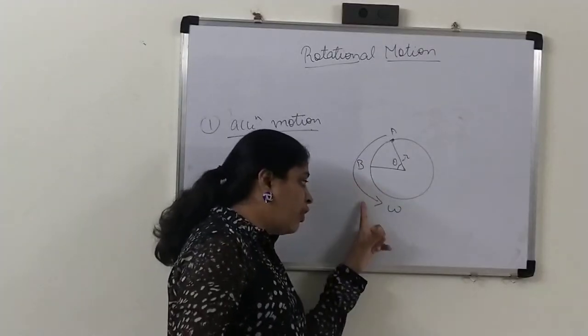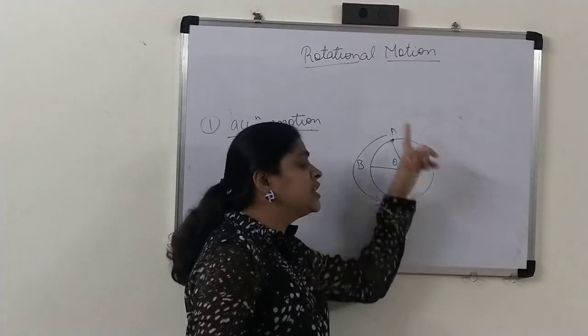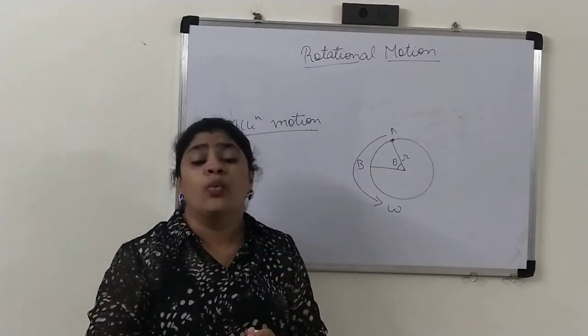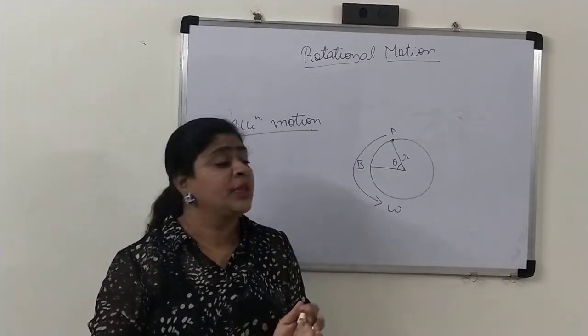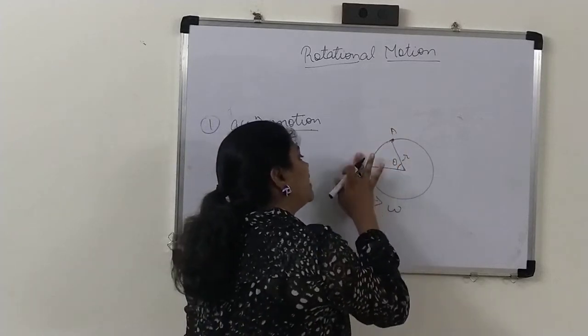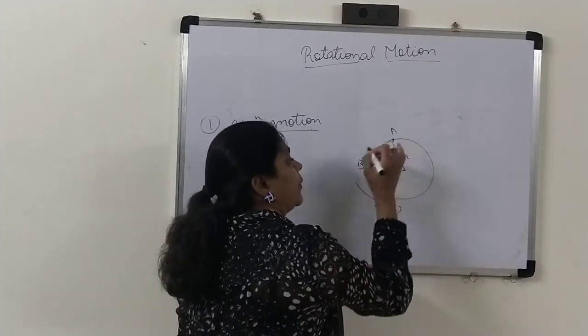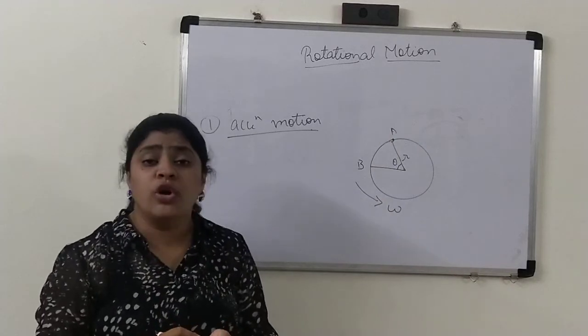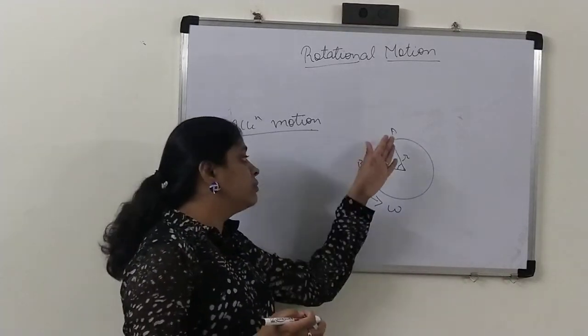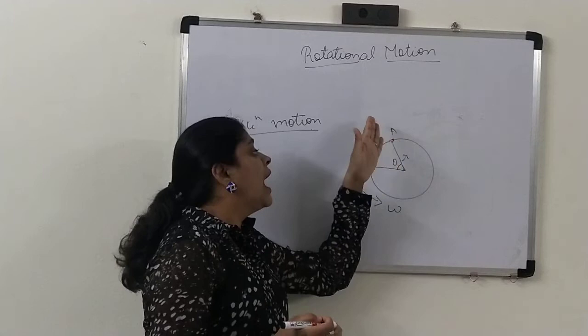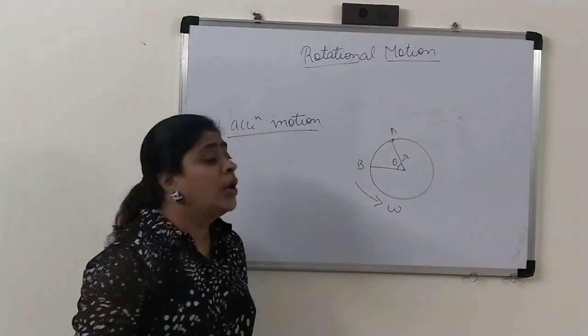Its angular velocity is omega. What is its linear velocity? Suppose you want to find its direction at point A. What is the direction of this object at this point? What do you do?